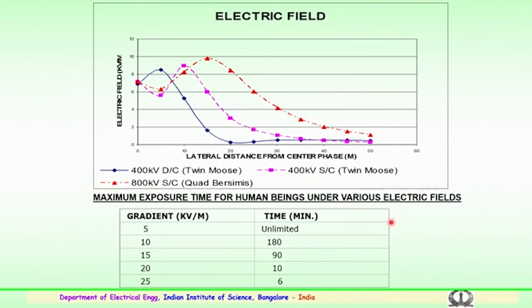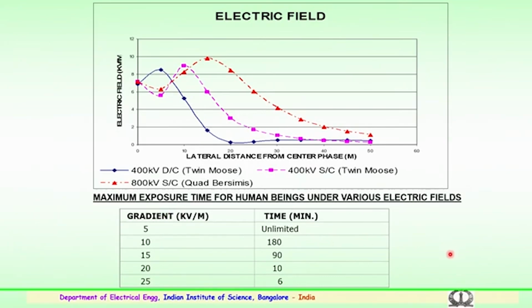The maximum exposure, this table is very important, the maximum exposure time for human beings under various electric fields, is specified by the international committee, with gradients in kV per meter versus time in minutes.